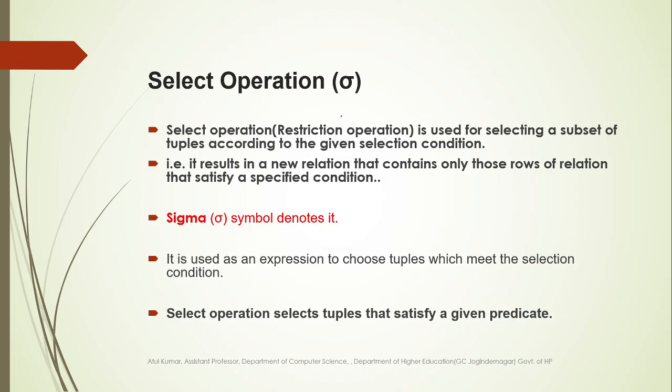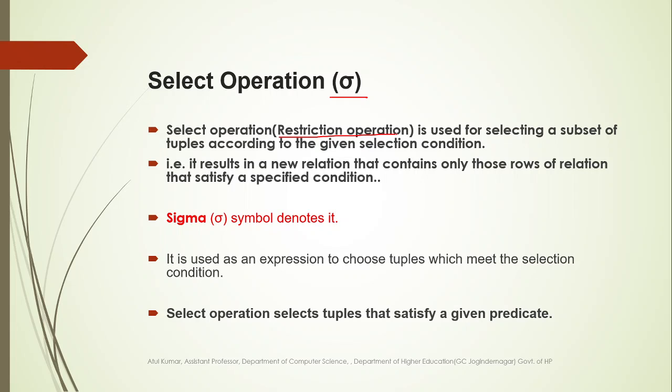It is denoted with the symbol sigma. It is also called the restriction operation, and it is used for selecting a subset of tuples according to a given selection condition.